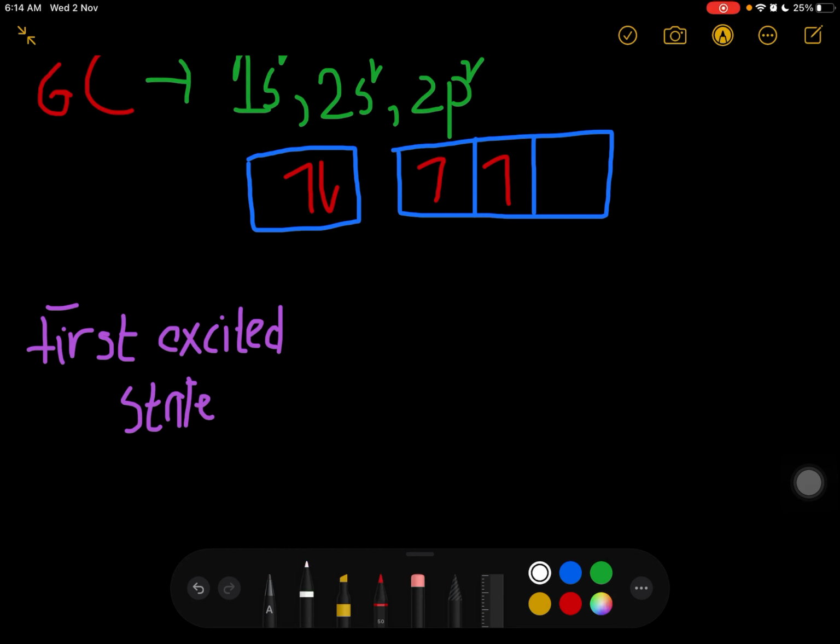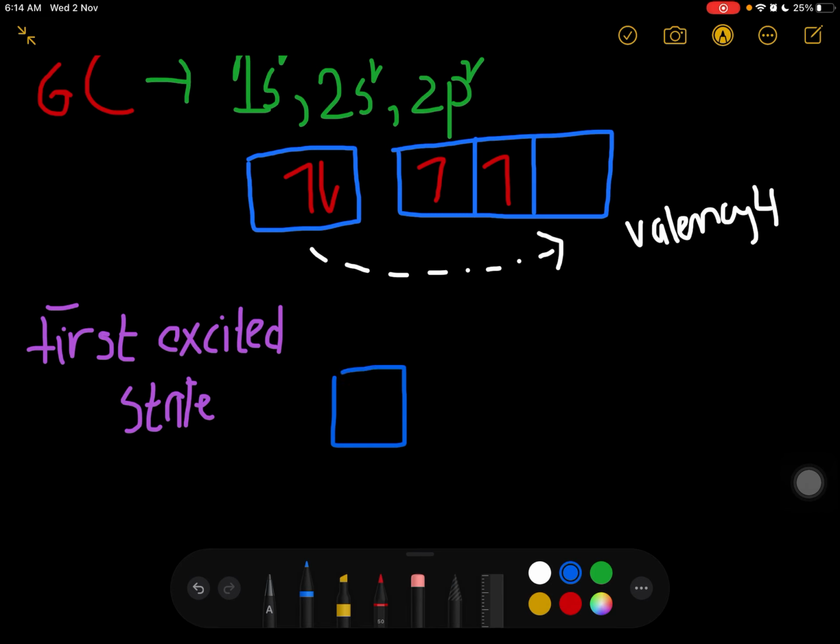An electron from here will jump to here in order to give the valency of 4.